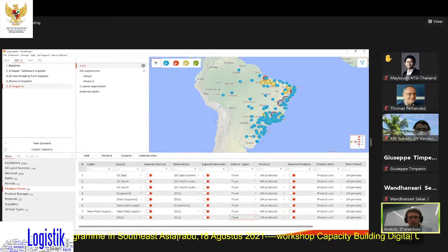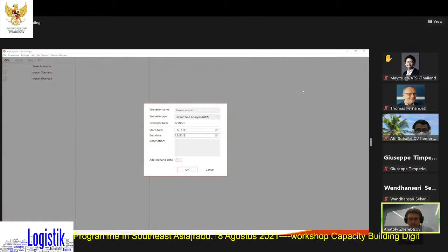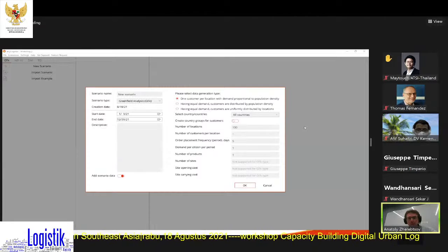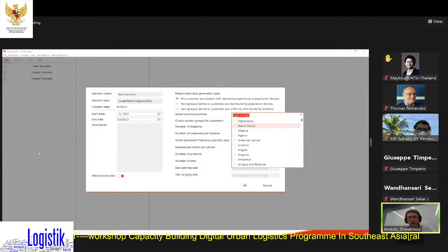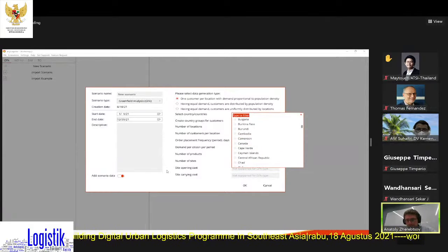And regarding the initial locations for warehouses, there is another type of analytical scenario, which is greenfield analysis. And this experiment allows you to find optimal, not locations, but areas where your warehouses could be located.